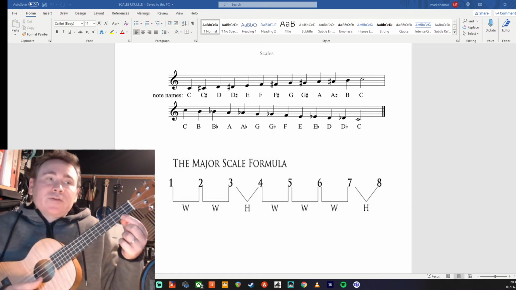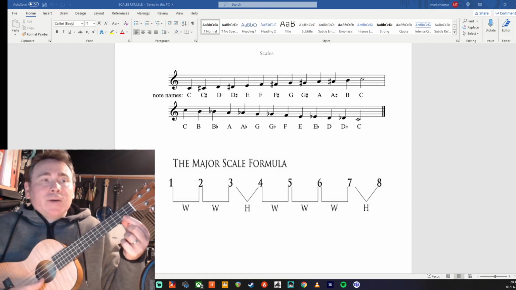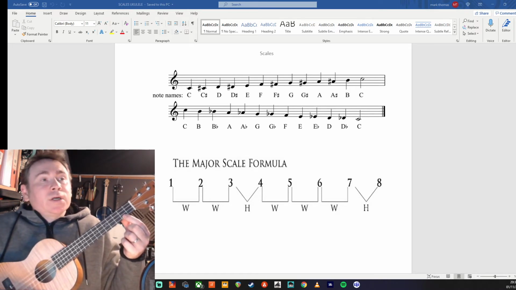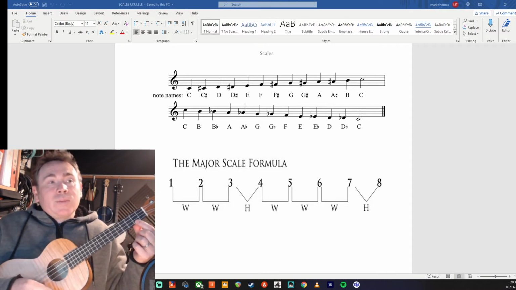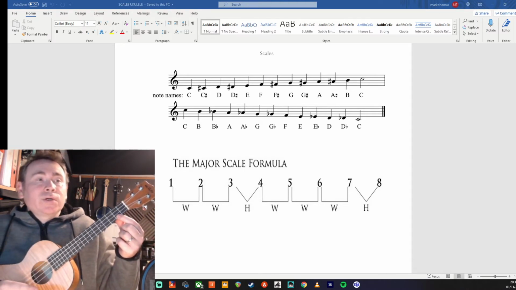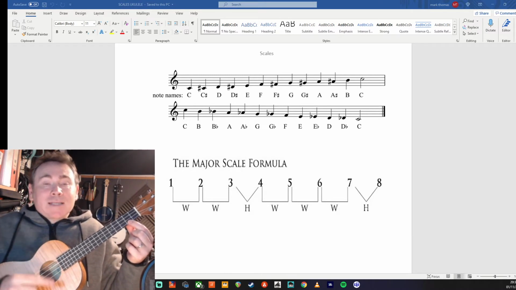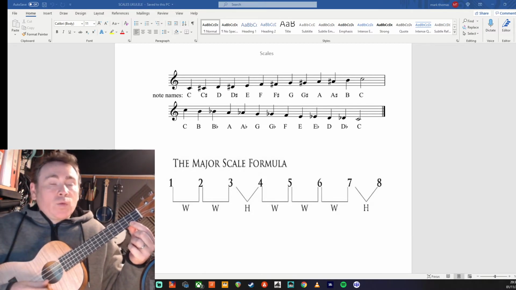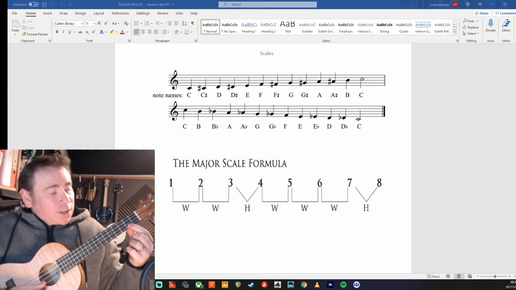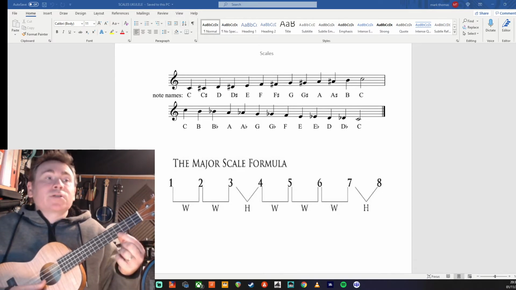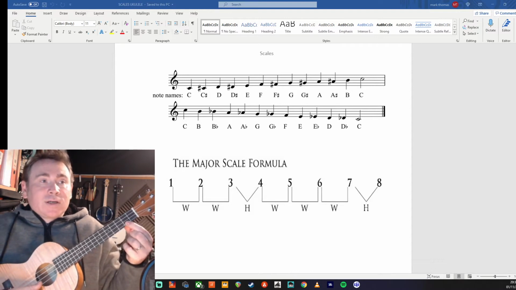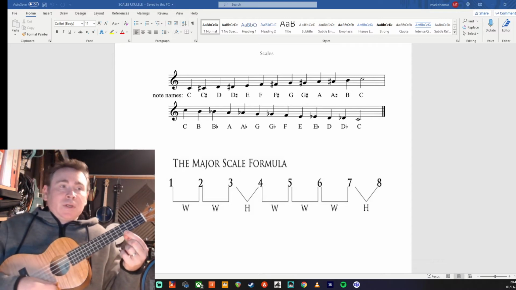So we've got the 2nd fret with the first finger pushed down on that note, and then we look at our diagram and it says 1, and then we've got this W which joins to the 2. That means for our next note, the 2nd note of the scale, we're going to go a whole step, and as we just learned, a whole step is 2 frets. So I shift it up 2 frets to the 4th fret, so the 2nd note of the scale is on the 4th fret.